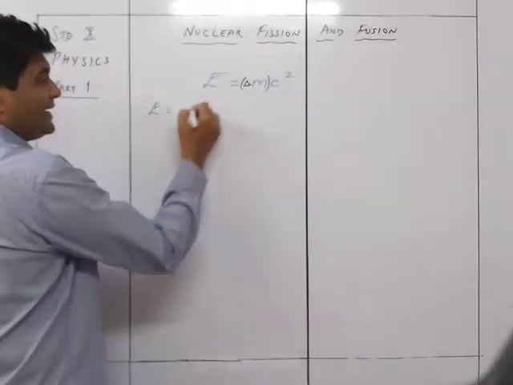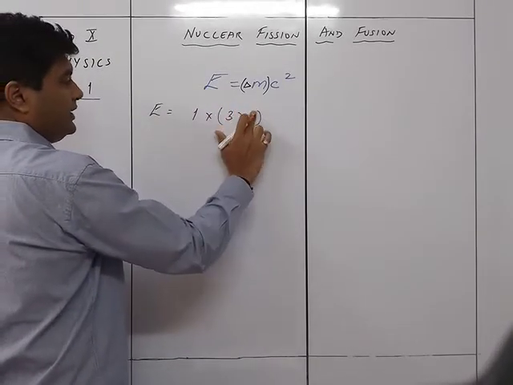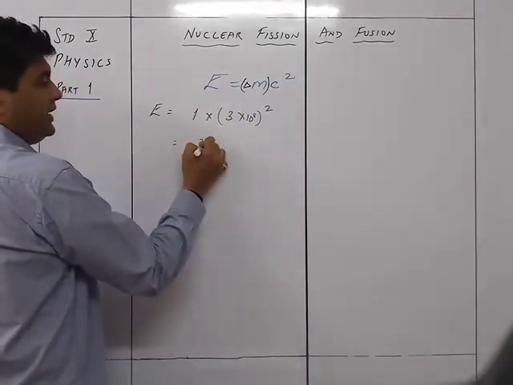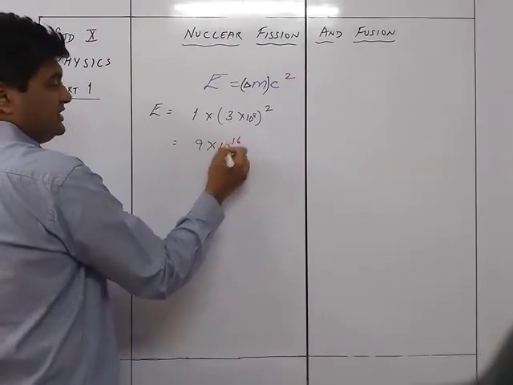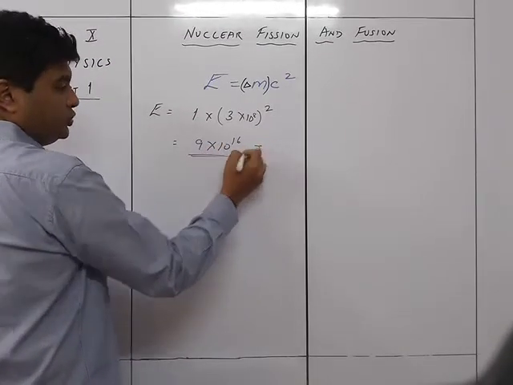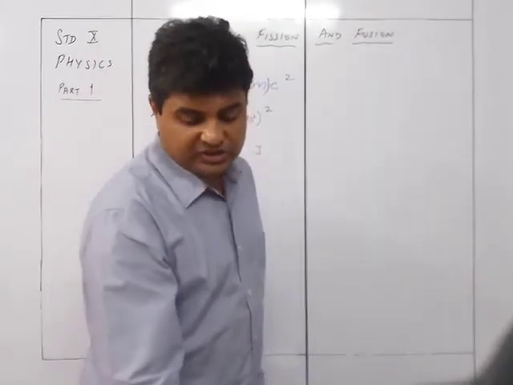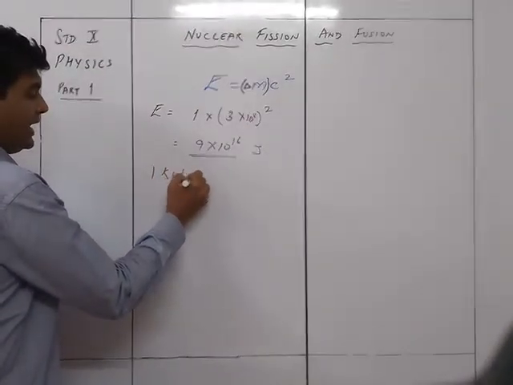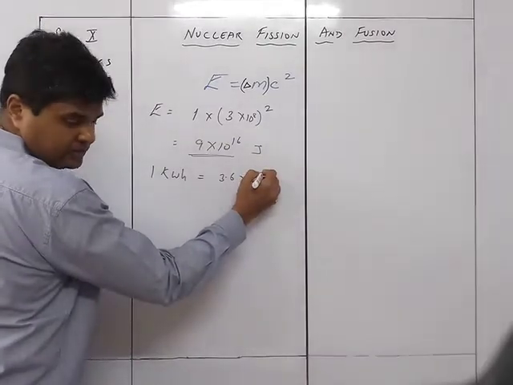So if this delta m is 1 and c is 3 into 10 raised to 8 meter per second, the whole square, 3 squared becomes 9, so it will be 9 into 10 raised to 16 joule. And we know that 1 kilowatt hour is equal to 3.6 into 10 raised to 6 joule.